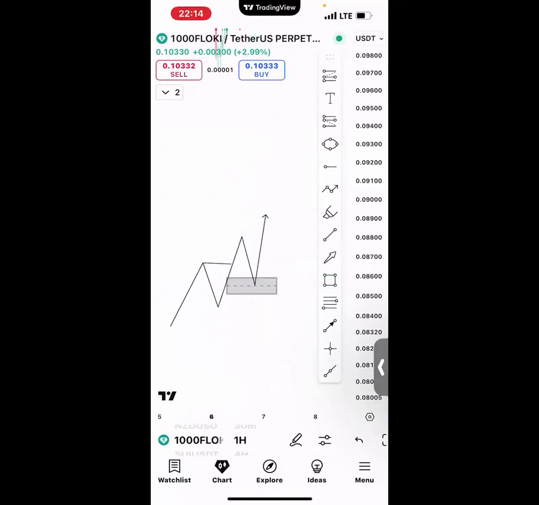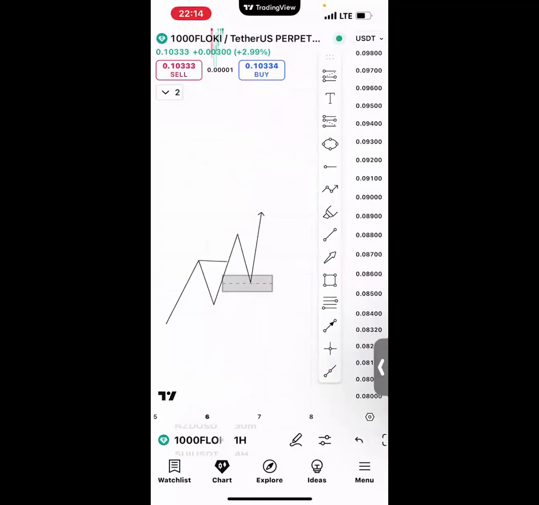So now, you should be expecting a pullback from here. If there's an uptrend, there will definitely be a pullback, which is very natural in the market. Then it will also come to an order block that will be in this area. Okay, that's exactly what we are looking for right now.